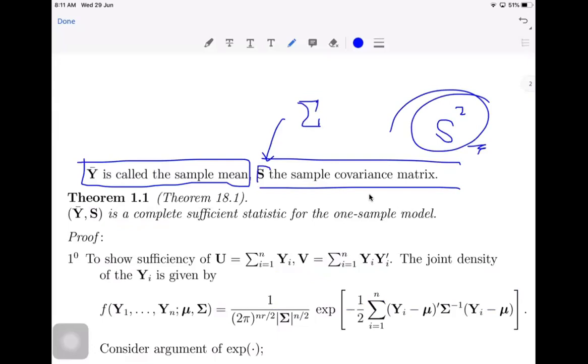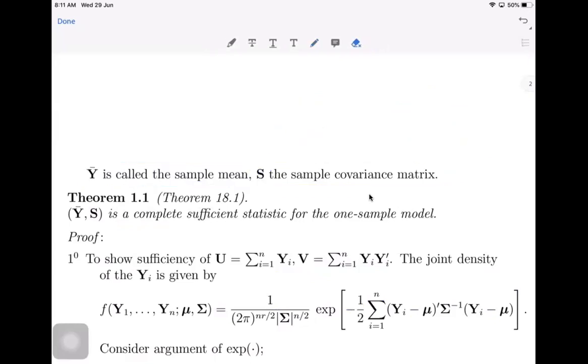In here, we will just use S for consistency as an estimate of sigma. So that's the only reason here why it is labeled as S. It's just notation wise.